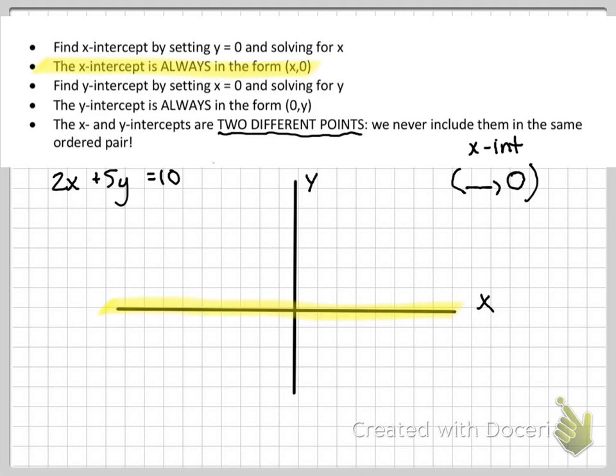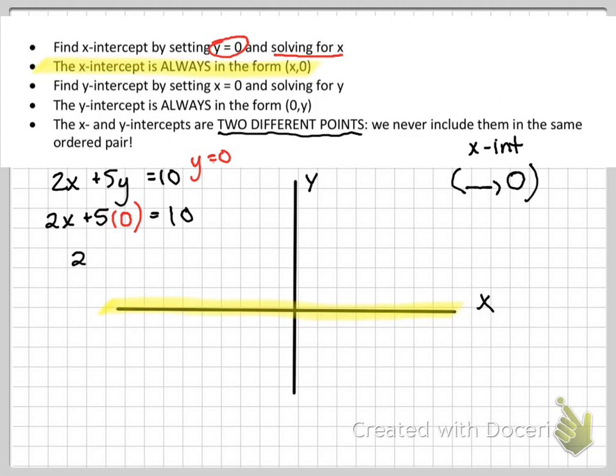So let's go ahead and put y equal to 0 because that's what our instructions tell us to do. It says to set y equal to 0 and solve for x. So that's what we're going to do. So we have 2x + 5 times y, but in this case, y is 0, equals 10.